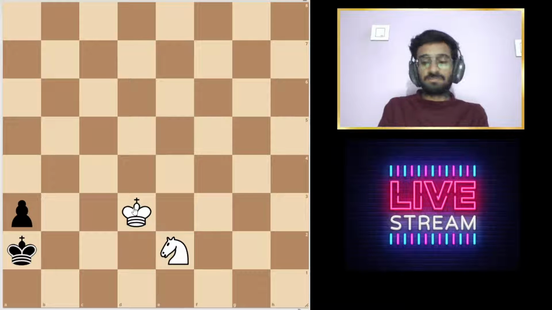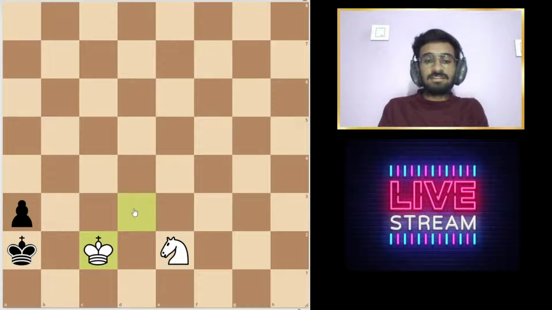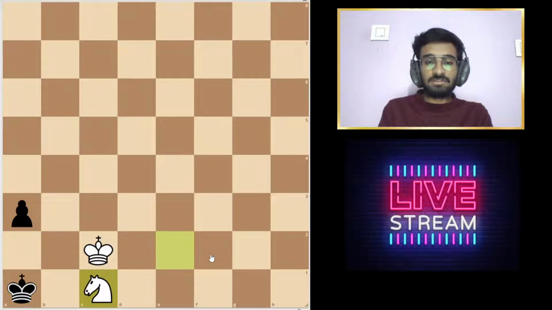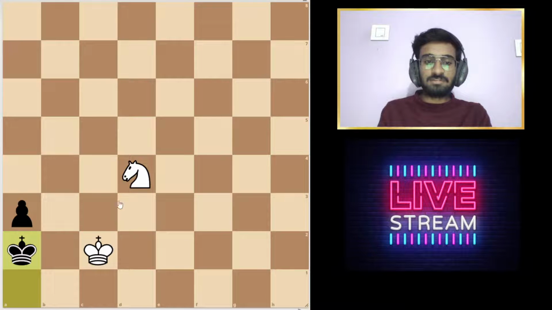So again, the answer goes like king c2, then the only move that black has is king to a1, there is no other move, then knight to c1. If you want to make it more difficult, there is one more move, knight to d4. Actually, if you want to pass time, if king a2, then again you have to come back.